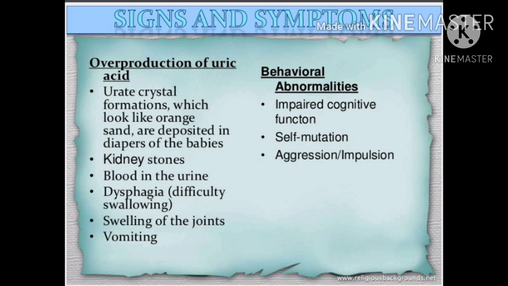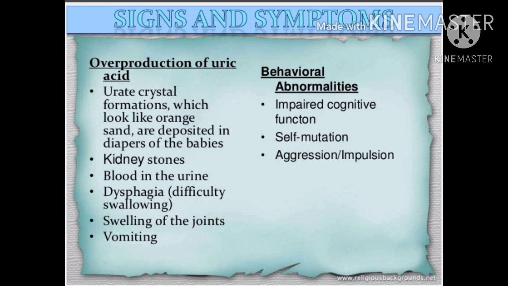The major symptoms of this disease include overproduction of uric acid, urate crystal formation which looks like orange sand, which is deposited in the diapers of the babies, then kidney stones, blood in the urine, then the condition named dysphagia, difficulty in swallowing, then swelling of the joints, then vomiting, like that.